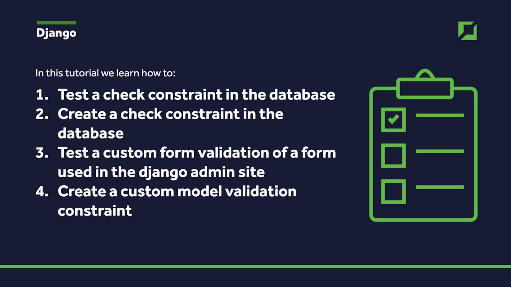So next up, we'll then explore this a little bit further, because if you're already familiar with the Django admin site, you know that if you register one of your models, you can then go ahead into the admin site and then add some data to your database. So we're going to go ahead, first of all, create a test to test a custom form validation of a form that we used in the Django admin website.